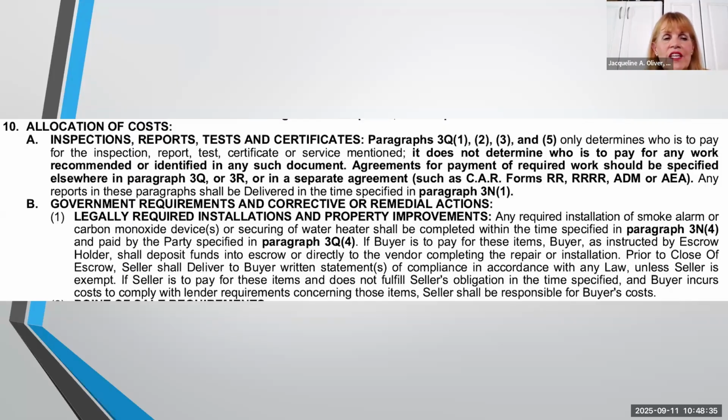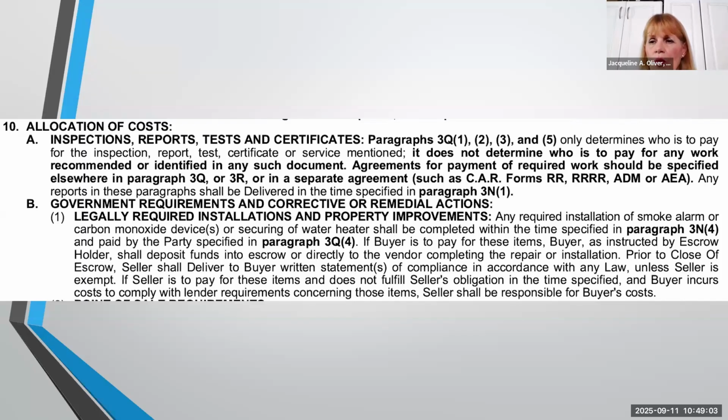And then again, we have the allocation of costs and that we just talked about. And you'll look under paragraph 10 and you'll see, it directs you to 3Q 1, 2, 3, 5. And it says agreements for payment of required work, and a separate agreement. You see the RR, the RRR, the response to the request for repairs, etc. And then again, installations, it covers that.